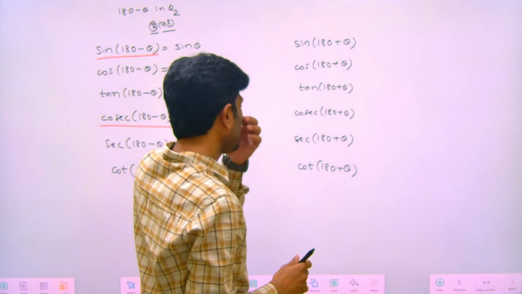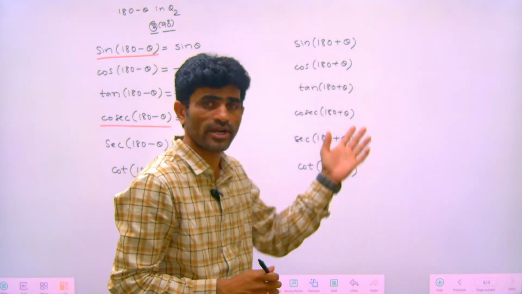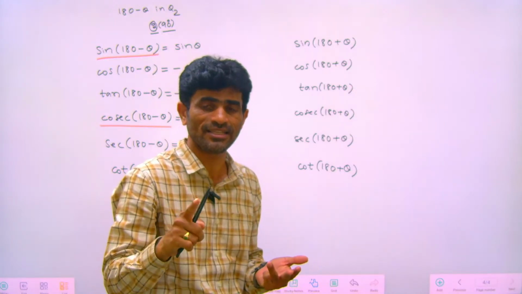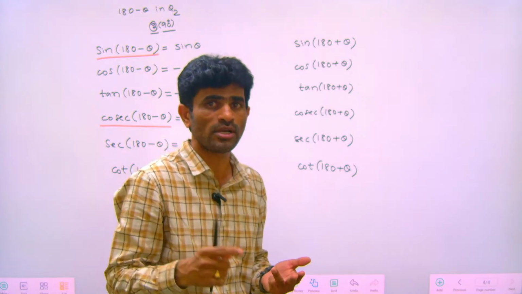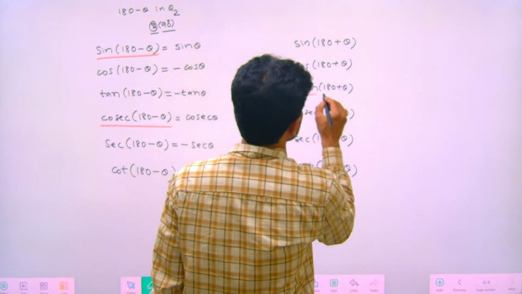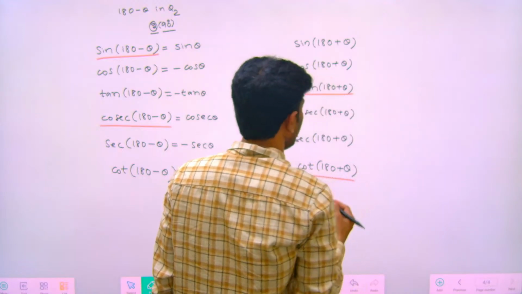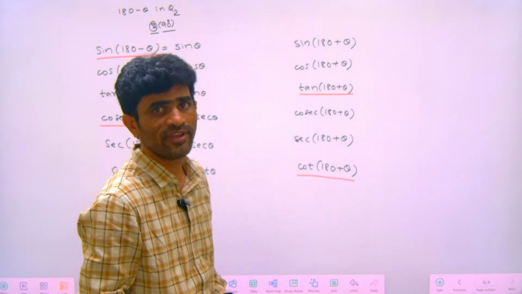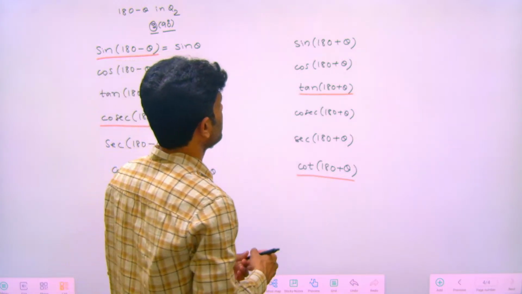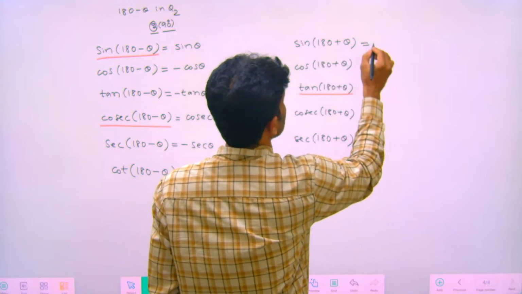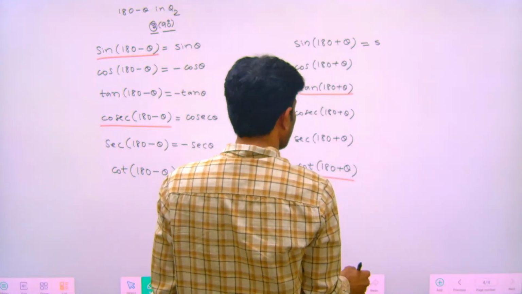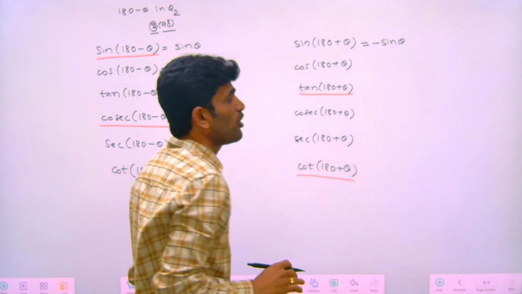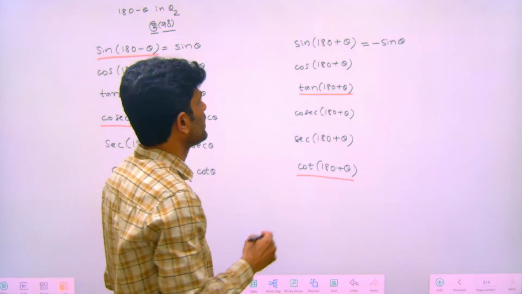So in third quadrant, which ratios are positive? Third quadrant is T. T means tan and its reciprocal cot. Only tan and cot are positive. Remaining all are negative. And because it is an even multiple of 90 degrees, the trigonometric ratio will not change. It will be as usual. So sine of 180 plus theta is minus sine theta.